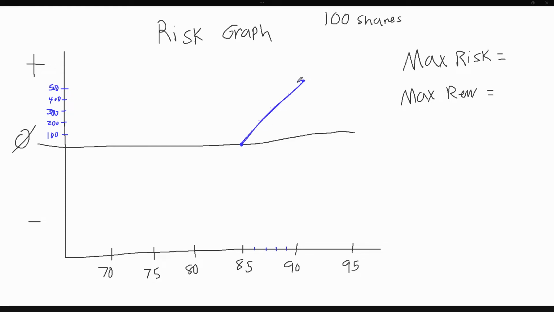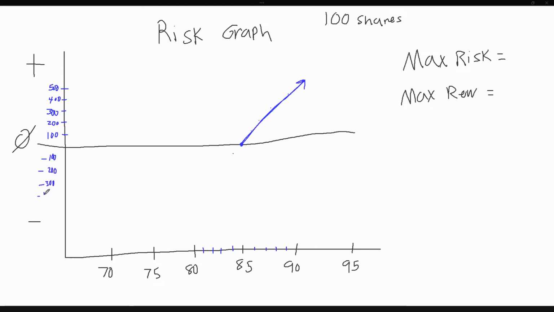It would keep going, by the way. It would just keep being this line that accelerates in that fashion. And down here, of course, you'd lose $100 if the stock went down to 84. So right there we're down 100. Right here we're down $200, $300, $400, $500, right? And this would display that the exact same way.